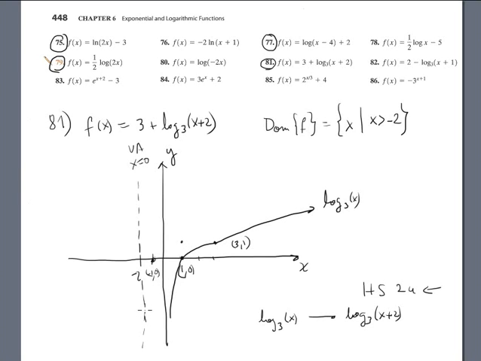Okay, and this is the graph of the new transformation, logarithm base 3 of x plus 2.